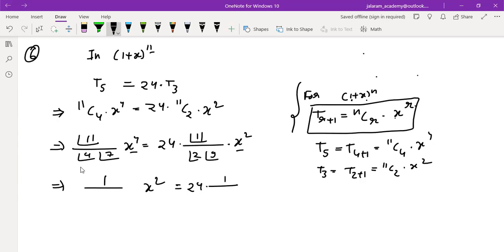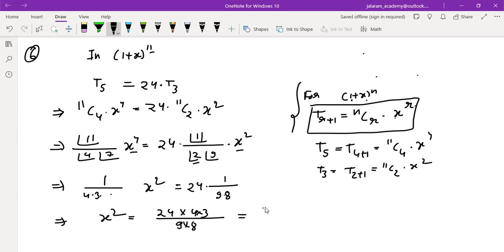24 to 1. This factorial 4 is written as 4 into 3 into factorial 2. Factorial 2 will be cancelled out. So this factorial 9 is written as 9 into 8 into factorial 7, and factorial 7 will also be cancelled out. Everything has been cancelled out. So x square equals, transfer this 4 into 3 to the numerator, denominator is 9 into 8.